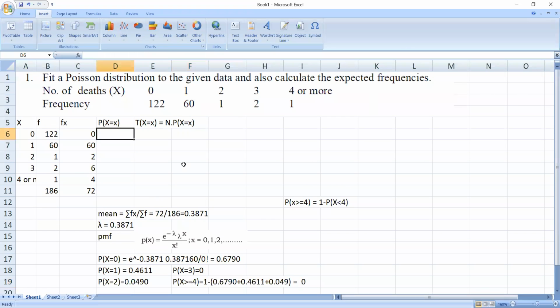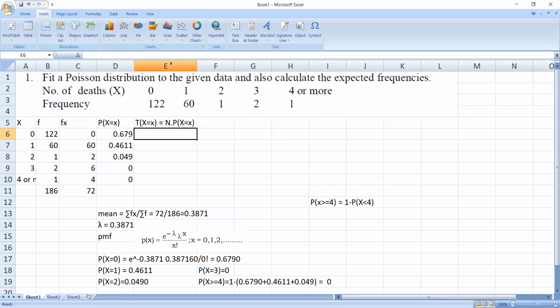Okay, now write them in the table. Check for the sum, which should be equal to 1. And then you have capital N, which is also given. N is equal to sigma f, that is 186.